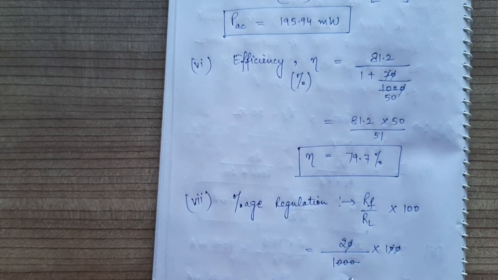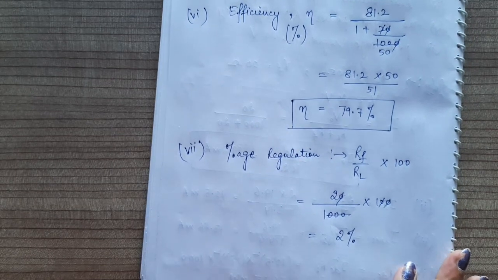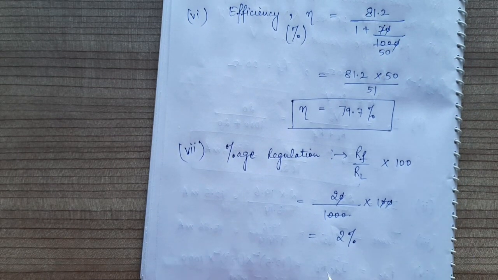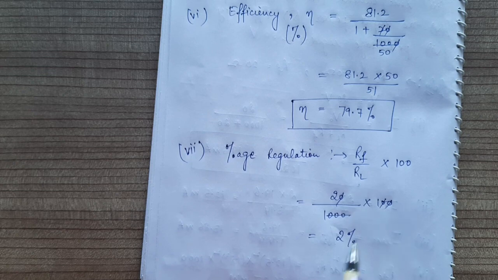So it is just 2%, which is very small. You can also calculate this percentage regulation by using the expression: voltage at no load minus voltage at any load, divided by voltage at any load. So it will be approximately 2%.